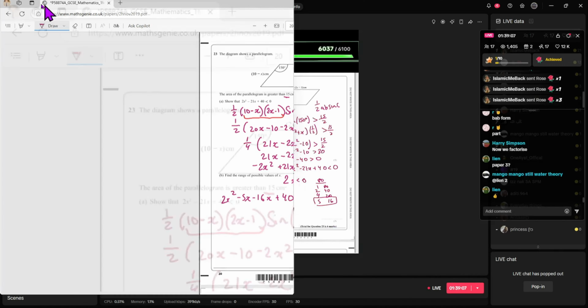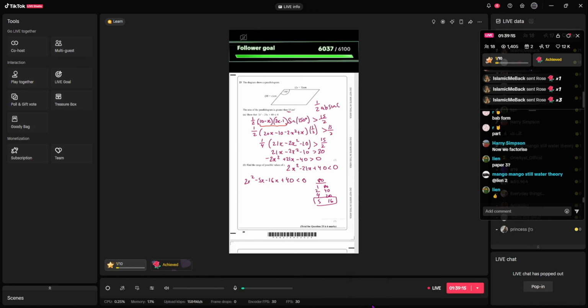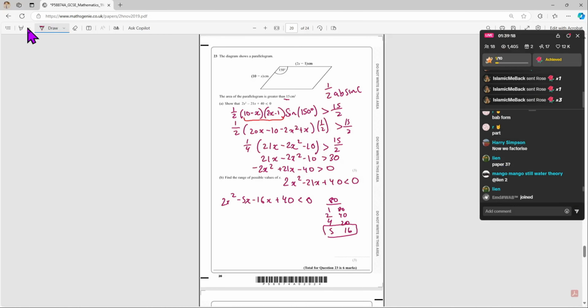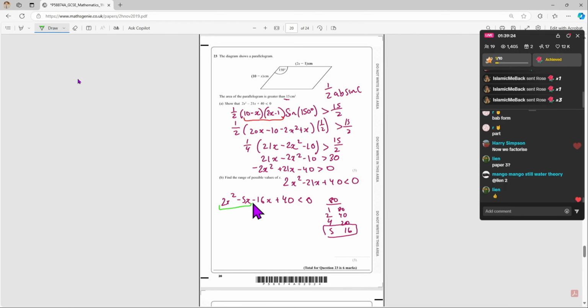And then we're going to factorize this like half and half, okay? So we're going to do this part and then this part over here. So you factorize this part and take out the x.